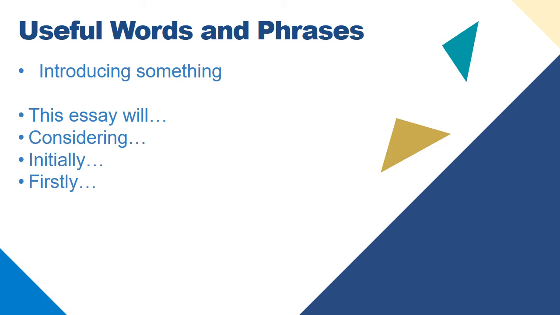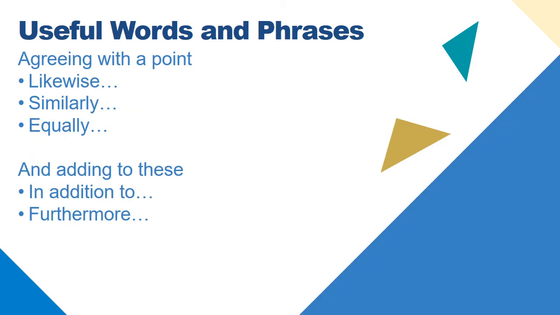To avoid being repetitive with your vocabulary and to help steer your argument, here are some useful words and phrases that you can use. So to introduce something, you could use "this essay will," "considering," "initially," "firstly."